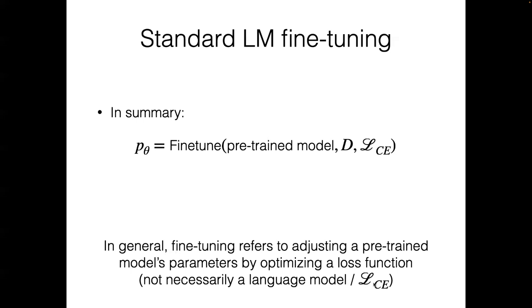You can also use different loss functions. You don't necessarily have to use this cross-entropy loss. And you'll see fine-tuning come up in other contexts, like you could fine-tune image classification models and things like that. But aside from the slide, we'll mostly focus on language models because currently that is what's used a lot for advanced NLP.